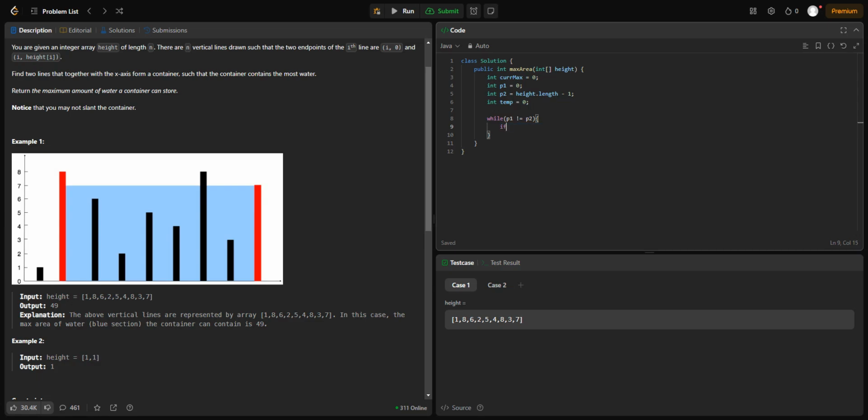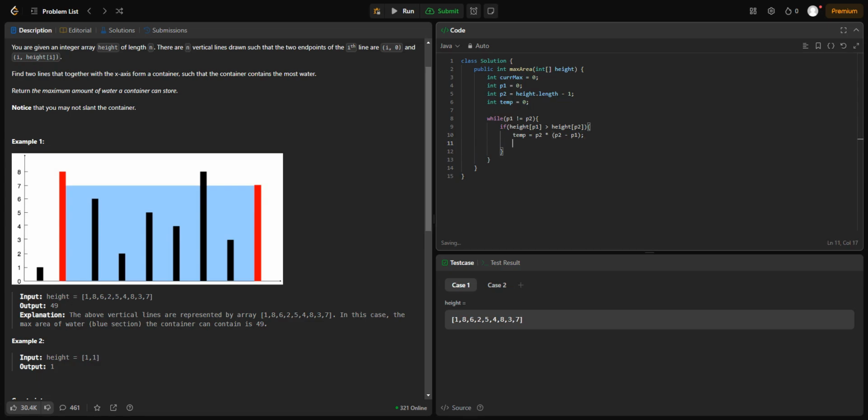So I think a better way of approaching this is: if the height at P1 is greater than the height at pointer 2, we're going to say temp equals the lesser value, which here is P2, multiplied by the length, which is going to be P2 minus P1.